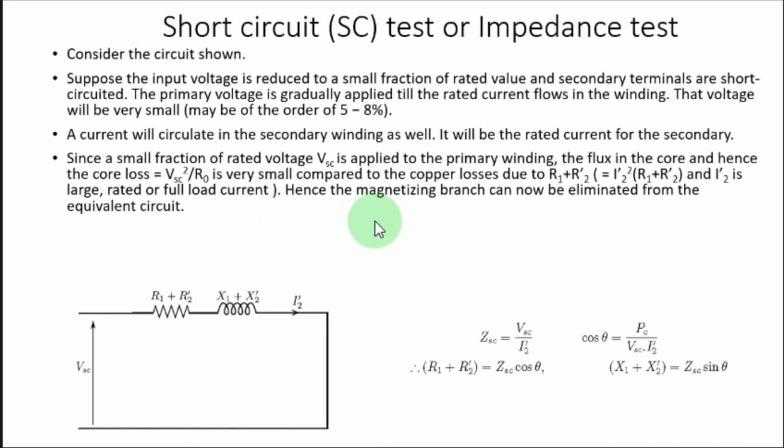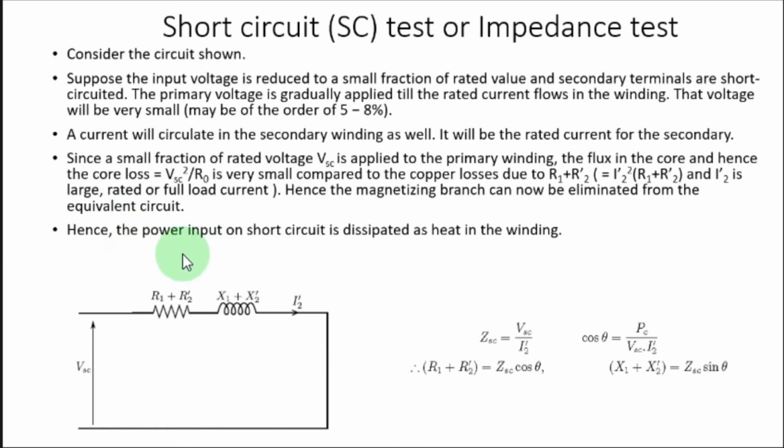So hence the magnetizing branch can now be eliminated from the equivalent circuit, because the loss in the core is very small compared to the other losses happening in the series branch. This can be neglected, so we can just eliminate the parallel branch or the magnetizing branch.